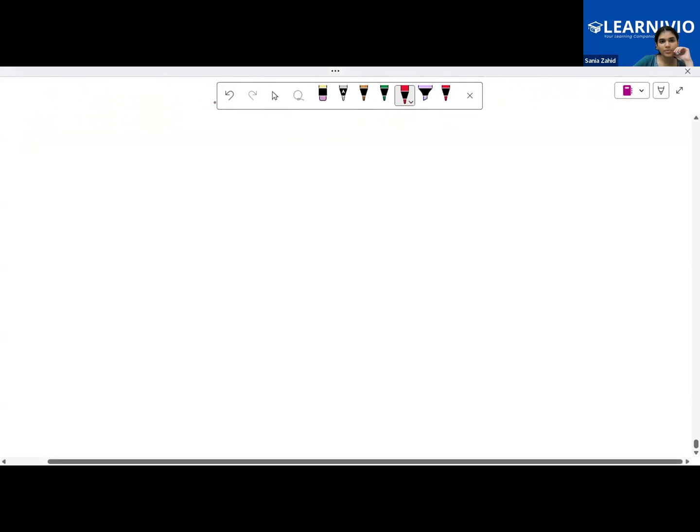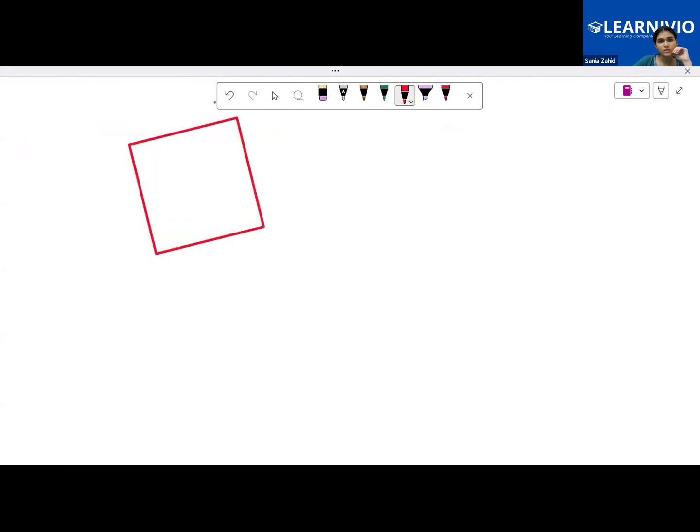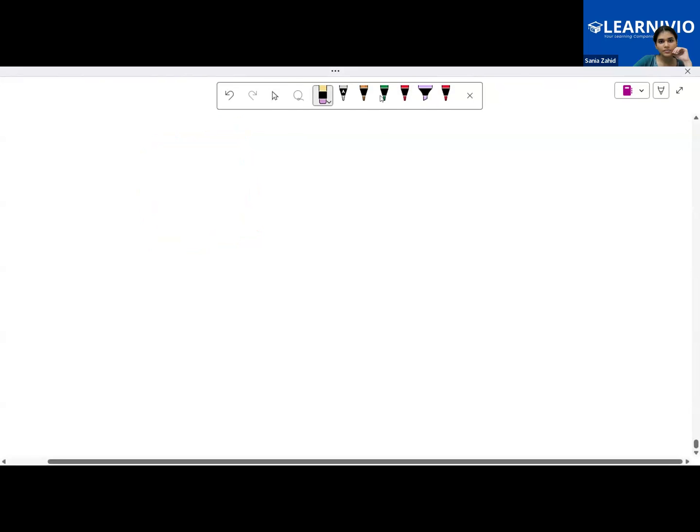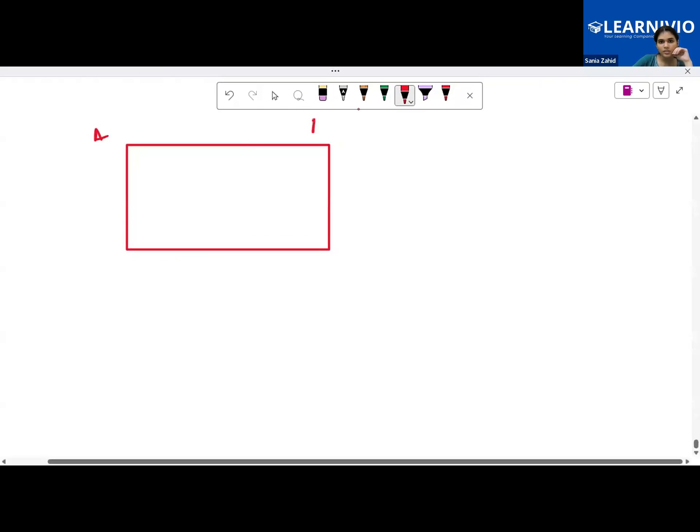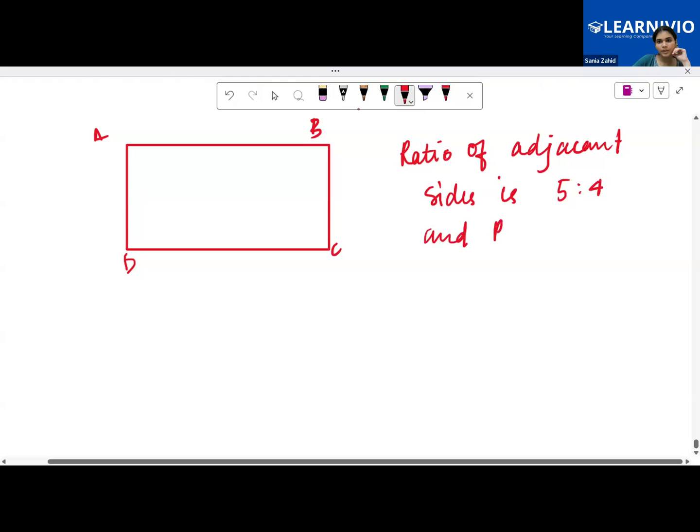Okay, so for example, you have a rectangle ABCD. I'll frame a question. You have been given that the ratio of adjacent sides is 5:4 and the perimeter is 90 centimeter.